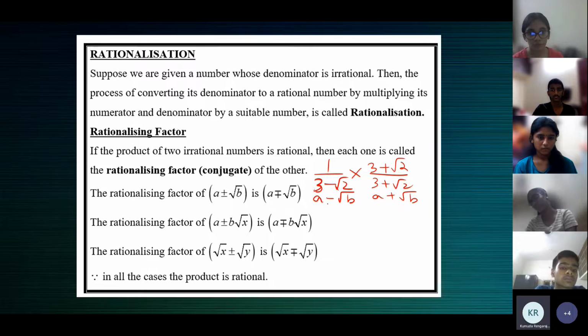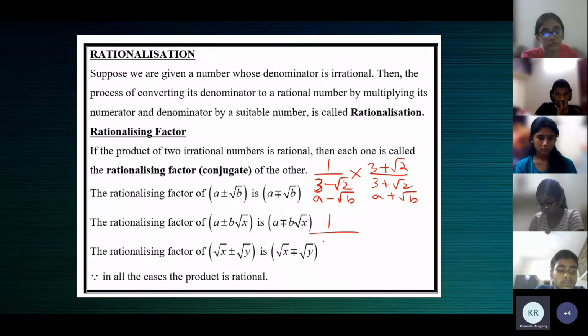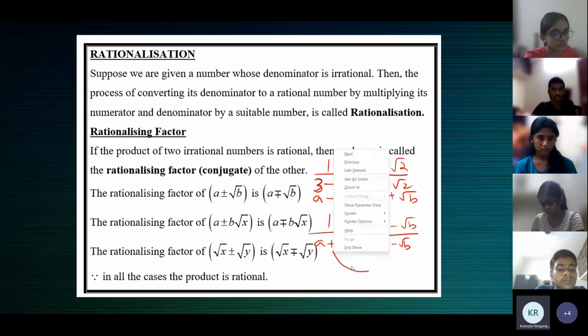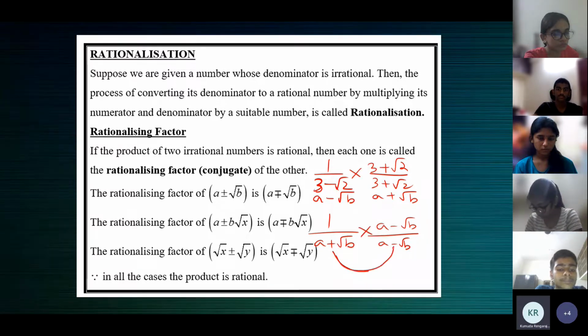When the denominator is of the form a minus root b, its rationalizing factor will be a plus root b. Or if the denominator is of the form a plus root b, then you will have to multiply and divide by a minus root b. So we say that a plus root b is the conjugate of a minus root b, and conversely a minus root b is the conjugate of a plus root b.